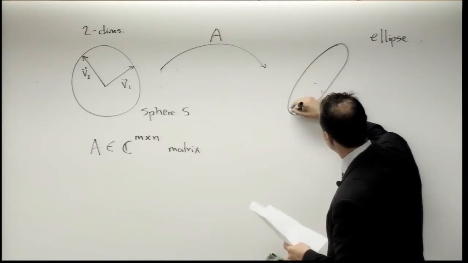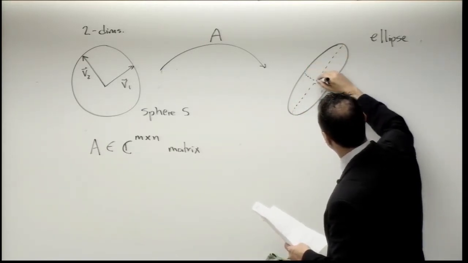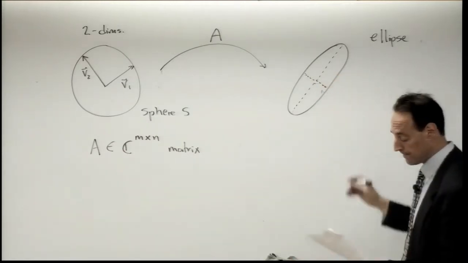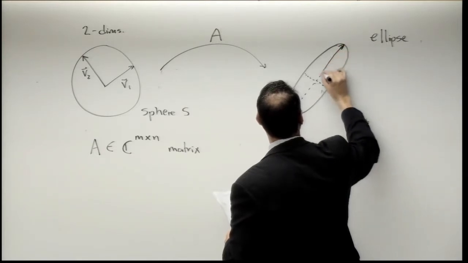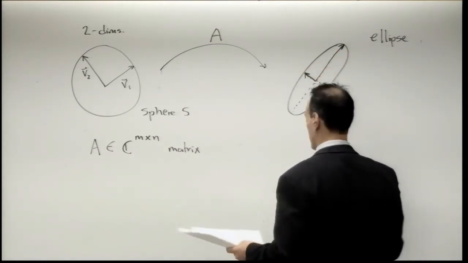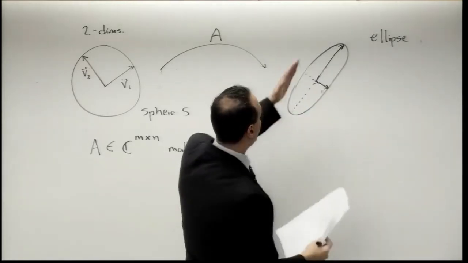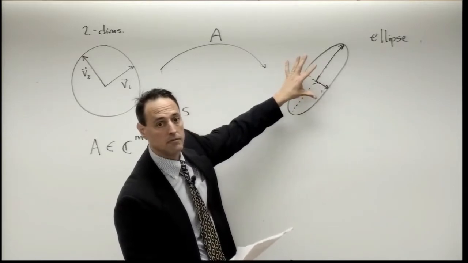There is the major computer and the minor computer. So I can think about, there's my major computer, there's my minor computer. Actually, okay, major and minor. And what I can do is think, oh, those are a new coordinate system for me.